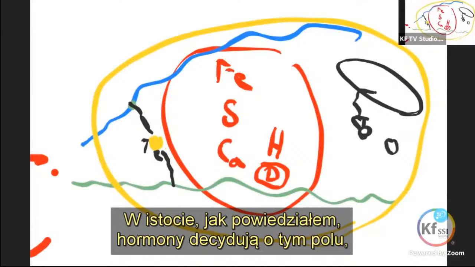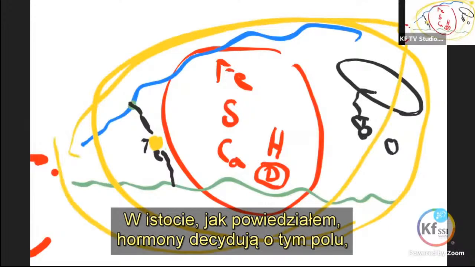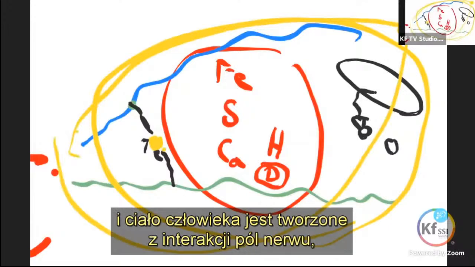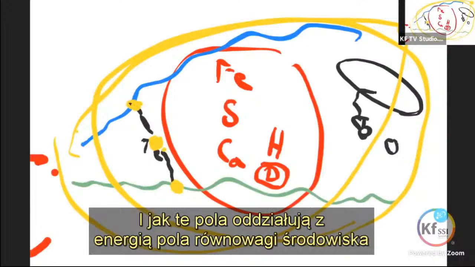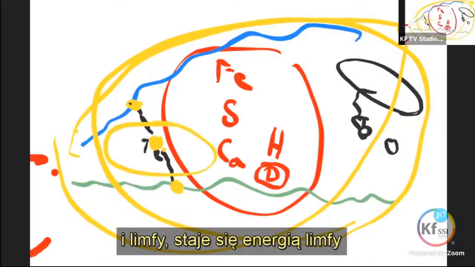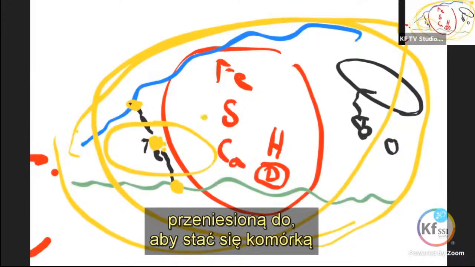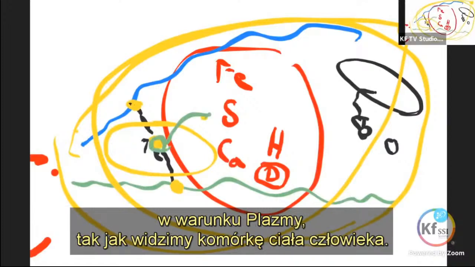In essence, as I said, the hormones decide this field, and the body of man creates it from the interaction of the fields of the nerve. One brings the current, and one brings the field. And how these fields interact with the balanced field energy of the environment and the lymph, it becomes the energy of the lymph transferred to become the cell in a plasma condition as we see the cell of the body.